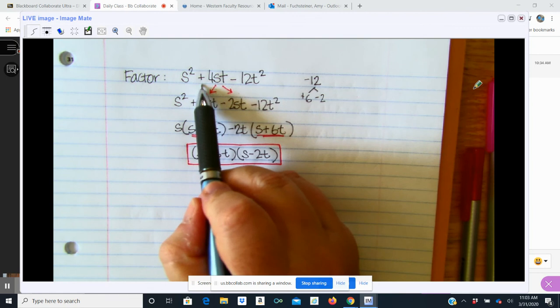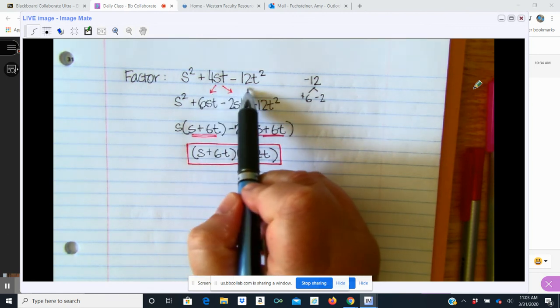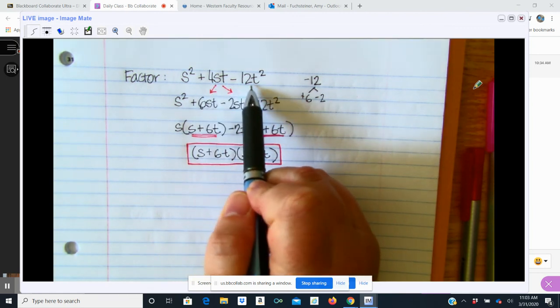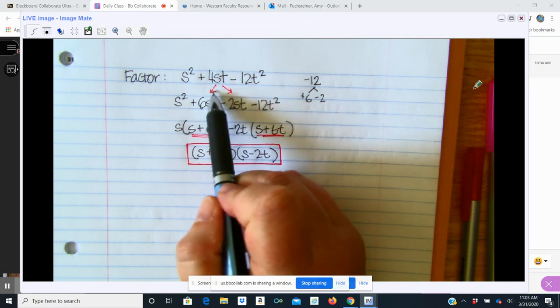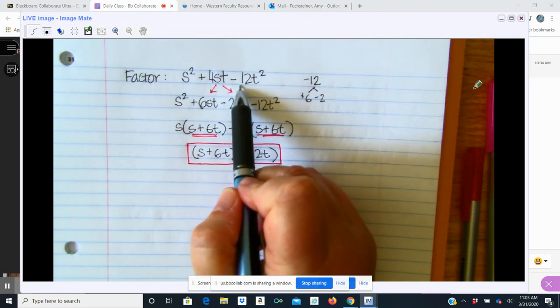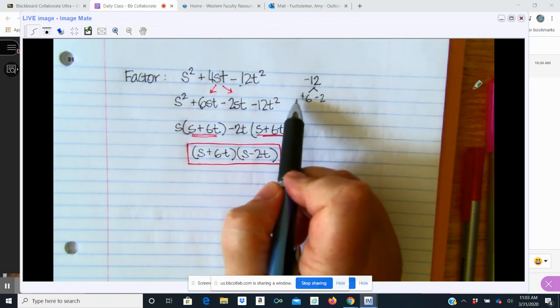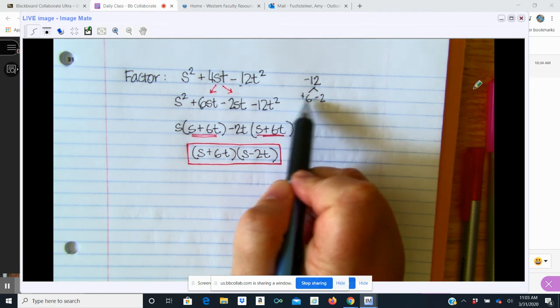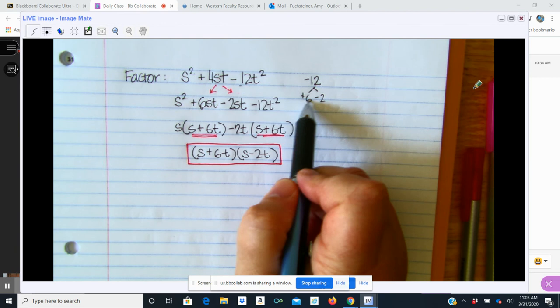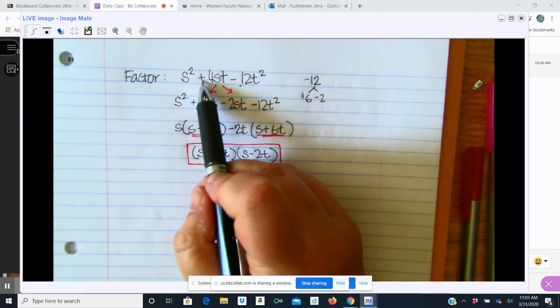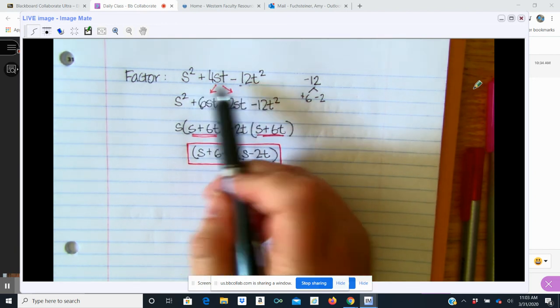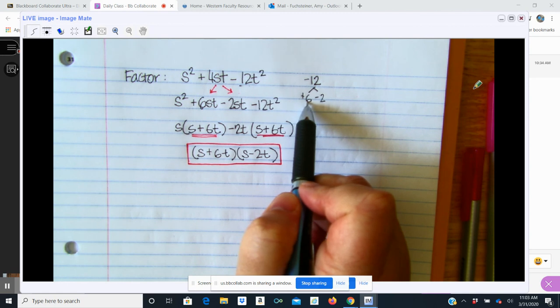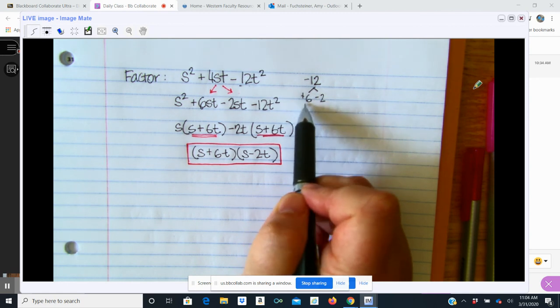Oh, for the b part? Okay. Two different signs. Right. Well, it doesn't have to be that the larger factor will be positive.